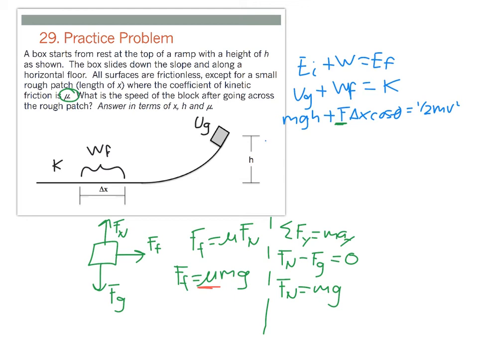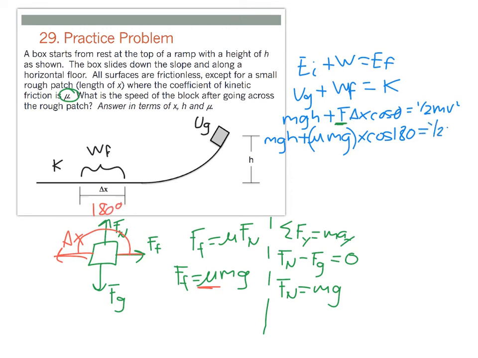So going back to our energy equation, I have mgh for my gravitational potential energy plus the force of friction here, which is mu mg, times my displacement, which is just this x here, so times x, times cosine of 180, because as this object slides to the right across that surface, we're going to have a force of friction going to the left, and so that angle between my displacement and my force of friction is 180 degrees. So that's why it's cosine of 180.